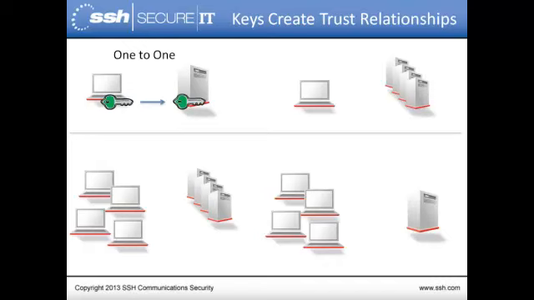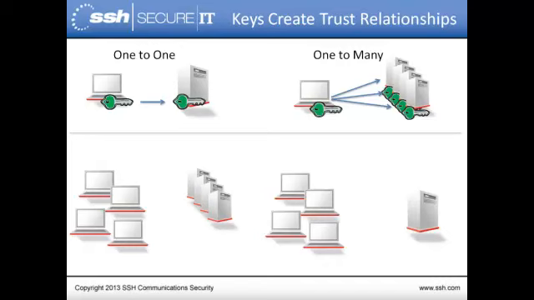And so these keys create trust relationships, and that can be one-to-one. So there's a workstation user with a private key, with one copy of his public key authorized on one server, or that individual can have many authorizations off of that single key pair, with multiple copies of the public key being installed on these servers.